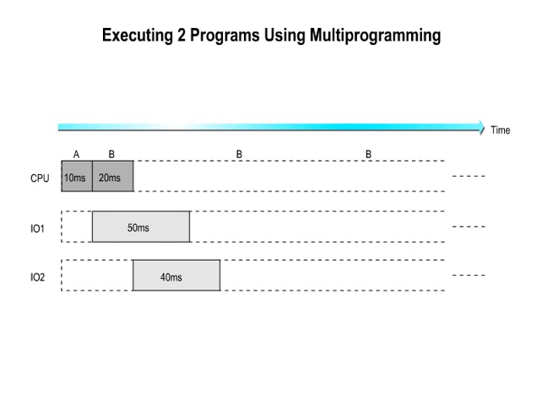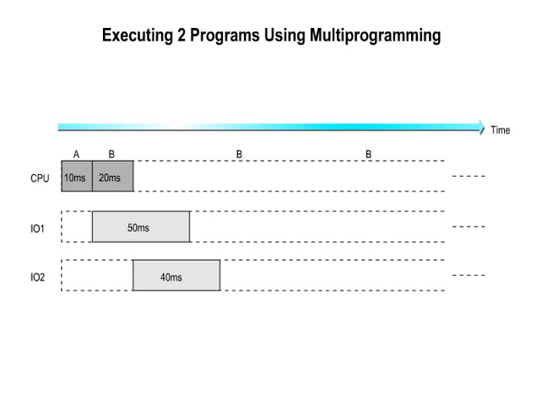Let us think about this using the next example. Program A and Program B are executed. A uses the IO1 IO device and B uses the IO2 IO device.